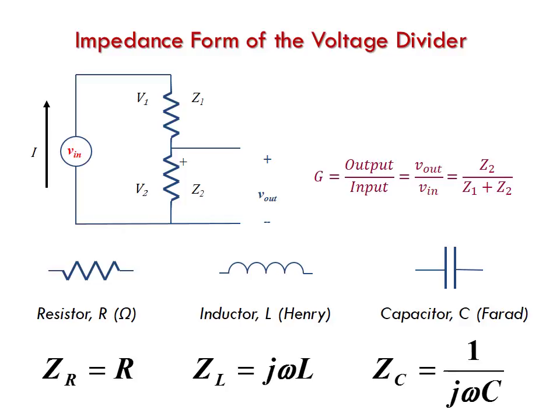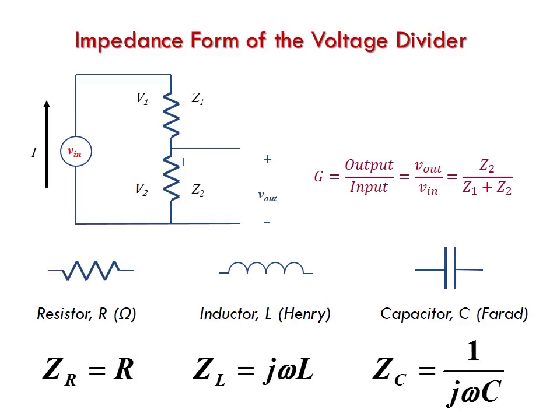Now, there's a caveat to this as well, though. You've got to look at your source, because for a lot of DC sources that we were looking at before, resistors will only work. If you have no omegas, let's just say you have a DC, which is a solid line, and there's no sinusoidal function, how are you going to get your j omega? You have no frequency. There is zero frequency, so that's going to cancel out. So you're going to get what? If that cancels out in the ZL, you're going to get 0 there.